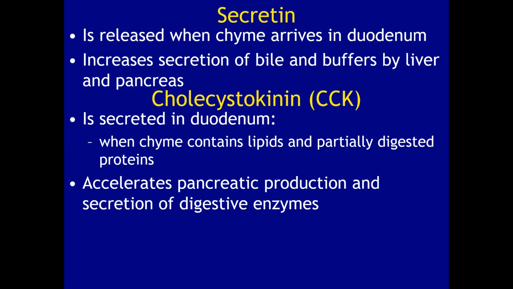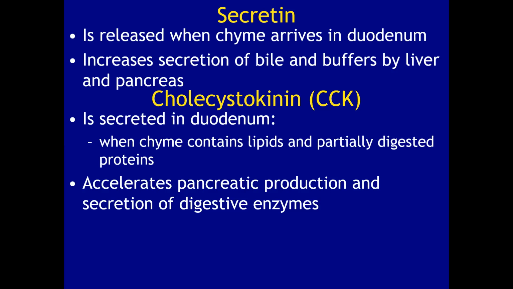Secretin is released when chyme reaches the duodenum. And when this happens, it allows for an increase in bile and buffers. Cholecystokinin is secreted in the duodenum. So this occurs when you have lipids and partially digested proteins.